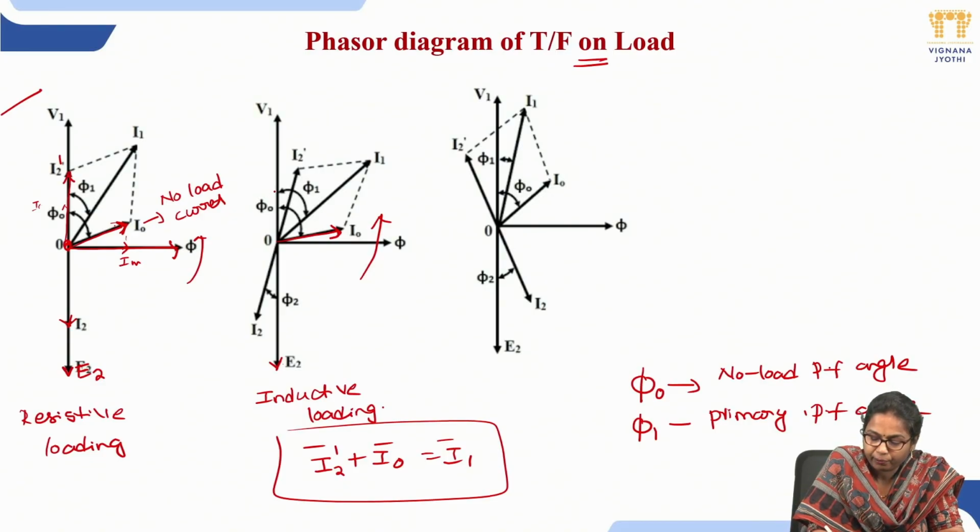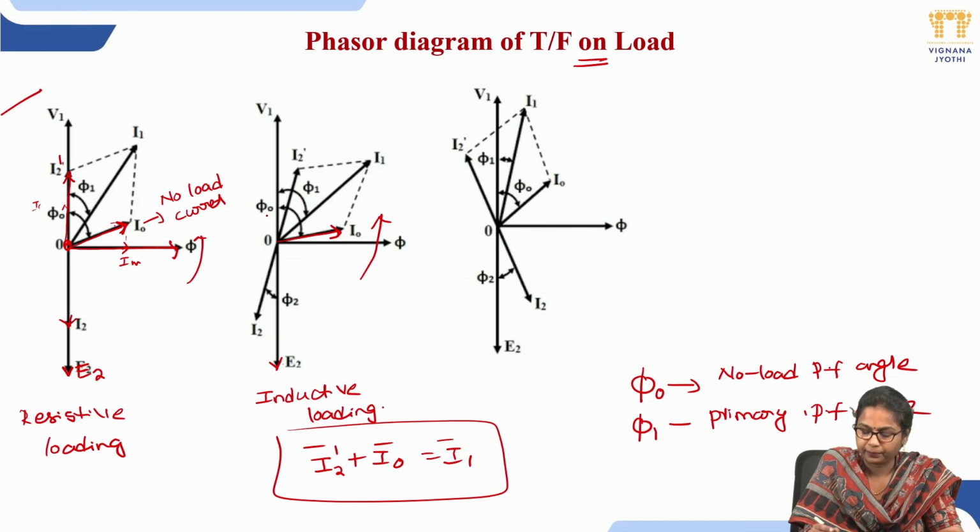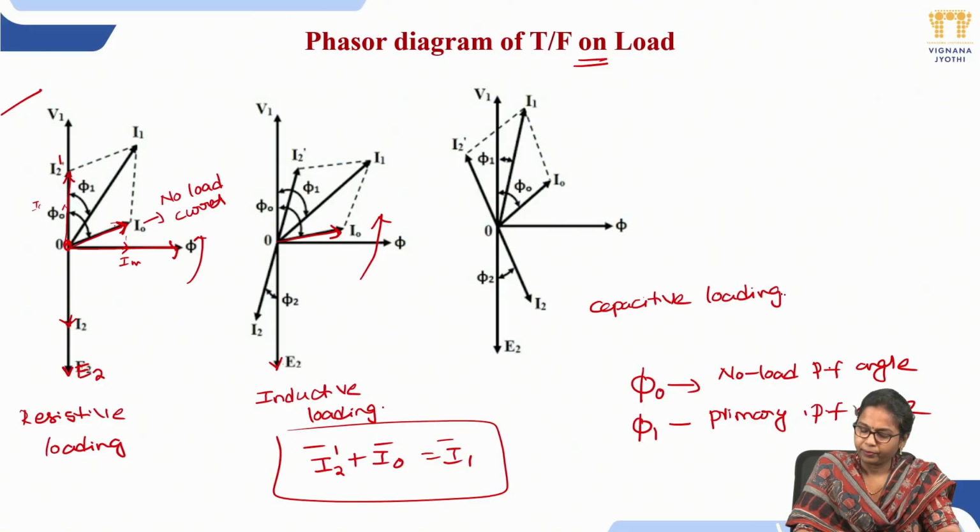Again, the angle between the primary voltage and primary current is the primary power factor angle phi1, and the no load angle is phi0. And this is all about capacitor load.